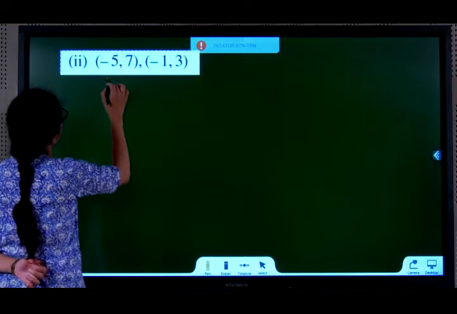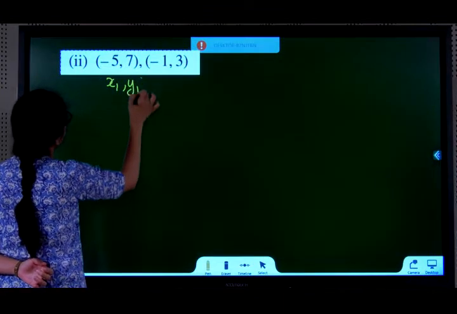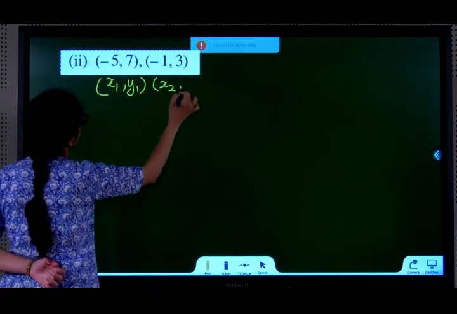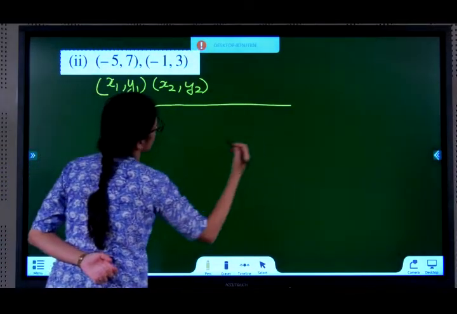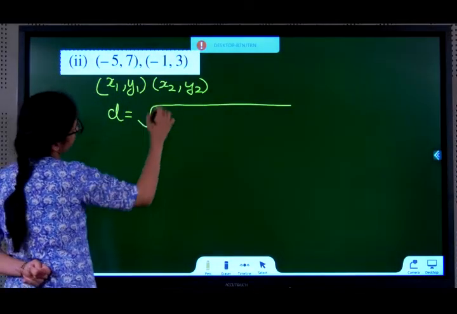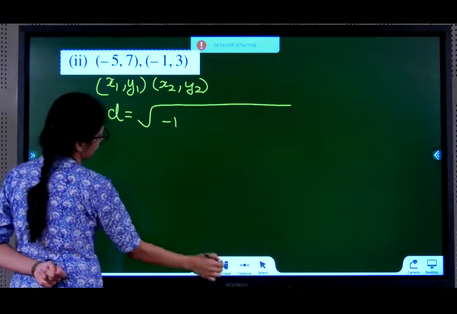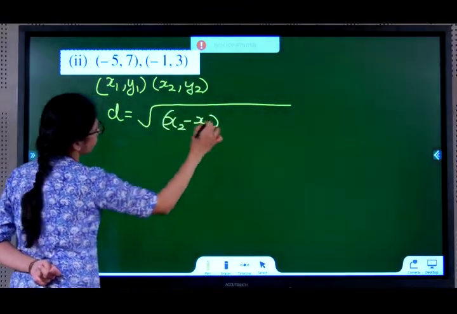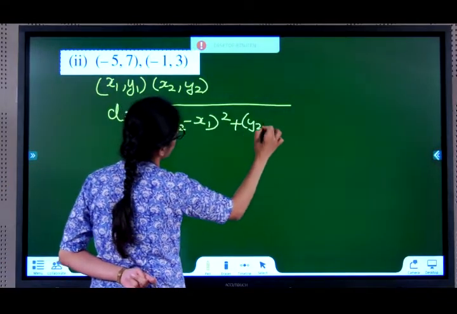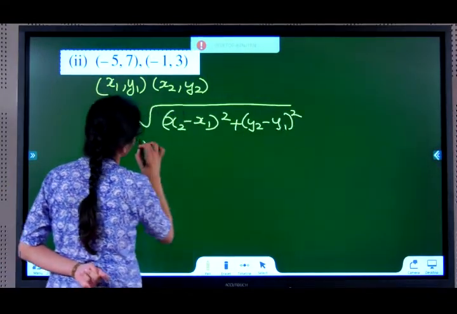Next question, this is x1, y1, x2, y2. Same question, so what will you do? Write the formula first. Root of (x2 minus x1) the whole square plus (y2 minus y1) the whole square.